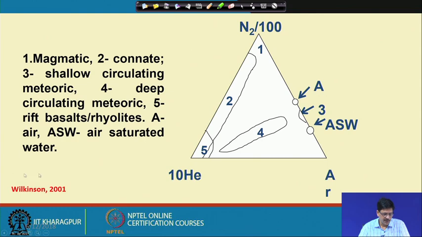This diagram, also taken from Wilkinson 2001, is a nitrogen, helium and argon diagram, in which we see some fields: 1 is the field of magmatic fluid, 2 is the field of crustal fluid, and 4 is the field of deep circulating meteoric water, 5 is for rift basinal rhyolites, A is for air, 3 is for shallow circulating meteoric water, and ASW is air saturated water.